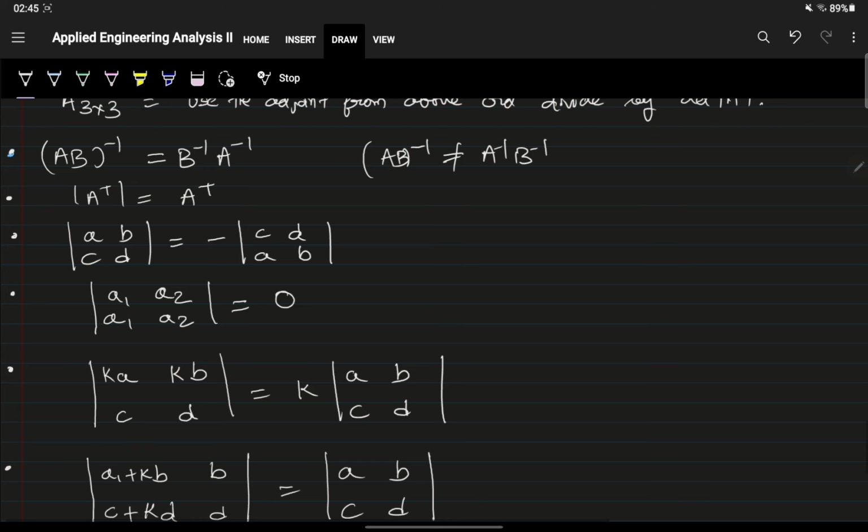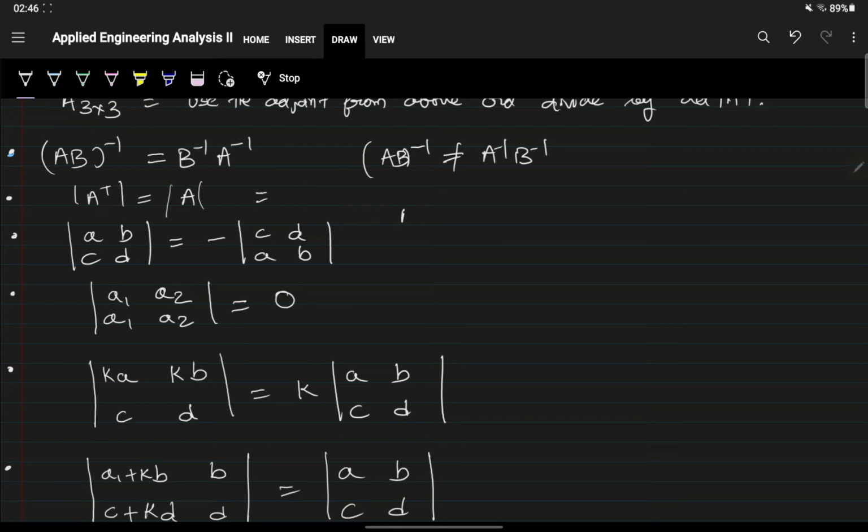And another property is that when we take the transpose of a matrix and the determinant is calculated, it is still equivalent to the determinant of A. Oh, little correction. This is what I meant to say. Yes, the determinant of a transpose of a square matrix is equivalent to the determinant of the original matrix.